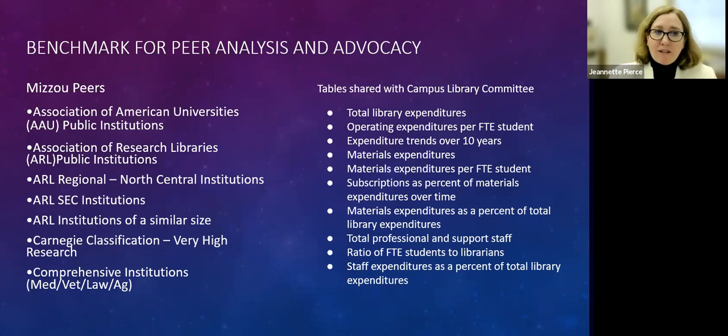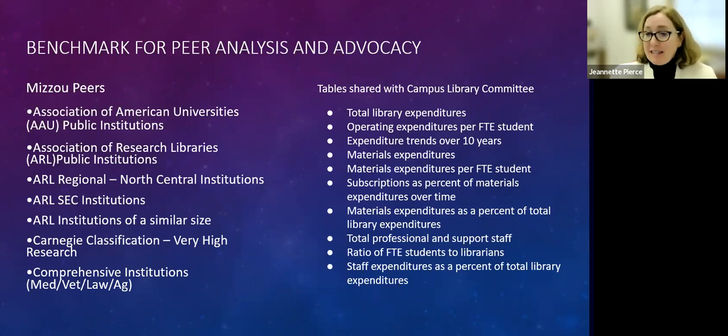So Mizzou's peers are the Association of American Universities, the AAU, the public institutions within that group. This is a very prestigious group of research libraries in our country. Our Association of Research Libraries colleagues, particularly again, our public, land-grant institution peers in that group. Within the Association of Research Libraries, they have some geographic breakdowns of North Central institutions.